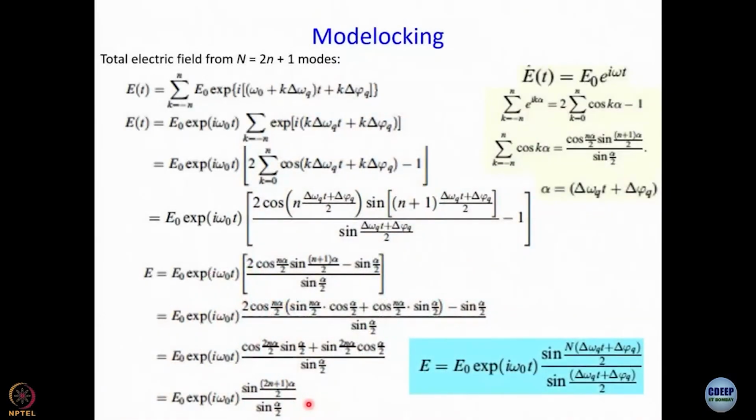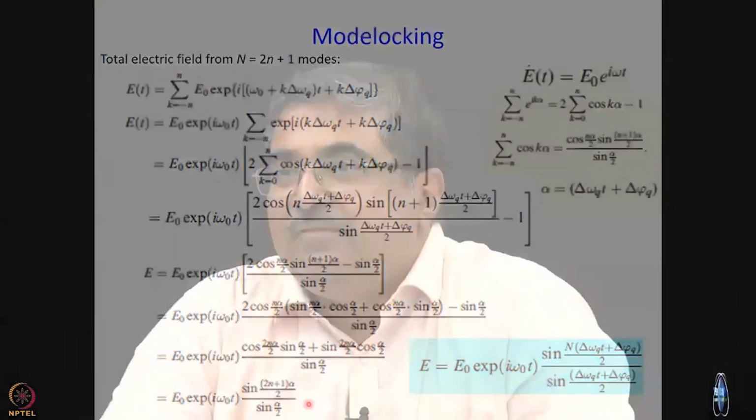Okay. So, we get E equal to E0 e to the power i omega 0 t multiplied by sin capital N multiplied by the sum of delta omega and delta phi, divided by 2. Yes. You have considered that at all frequencies the contribution to the electric field is the same, the amplitude is E0.